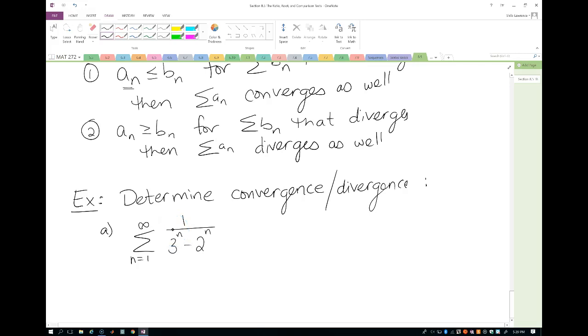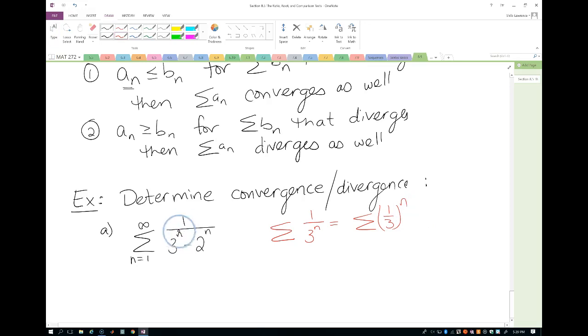But if you remember back, one of the very first tests we learned was the geometric series test. And if you take either of those denominator terms individually, we could think of them as individual geometric series.